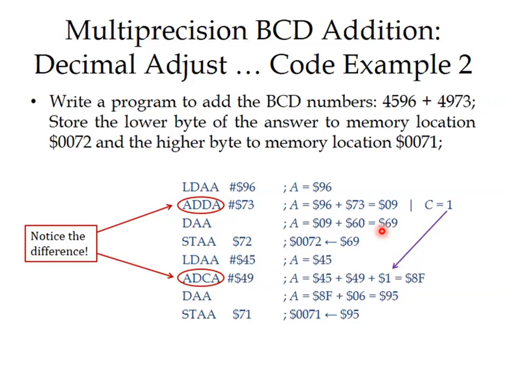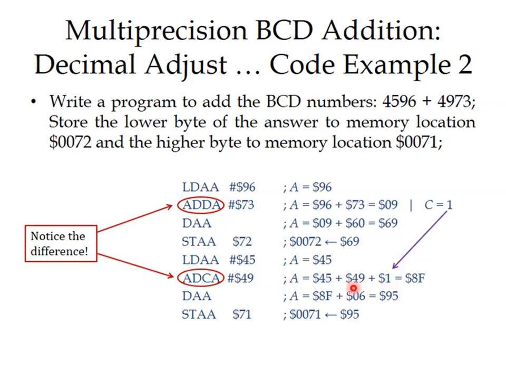You tried to accommodate it in 1 byte, which is 69, but you had a carry of 1. You stored 69 into 72, but when adding the higher byte you used a different instruction, so that the carry of 1 generated in the last addition is included here. You did not include the carry manually.